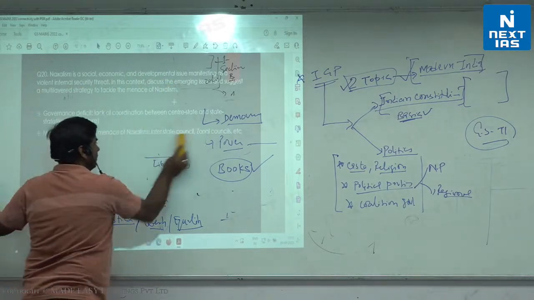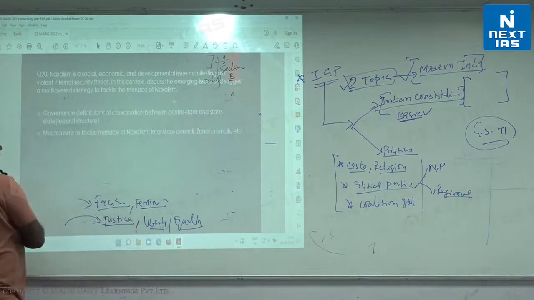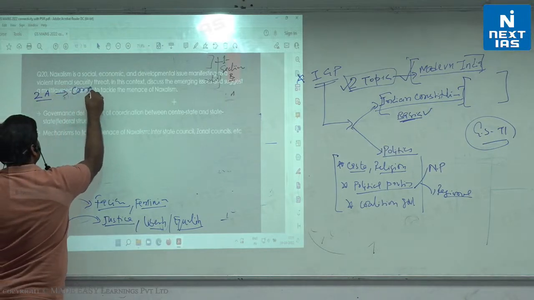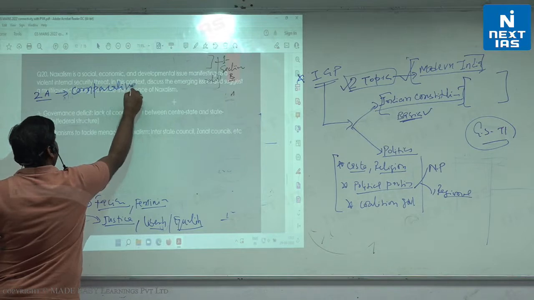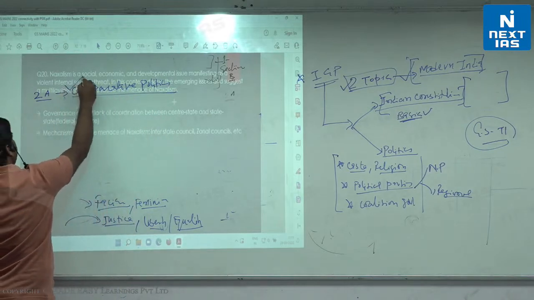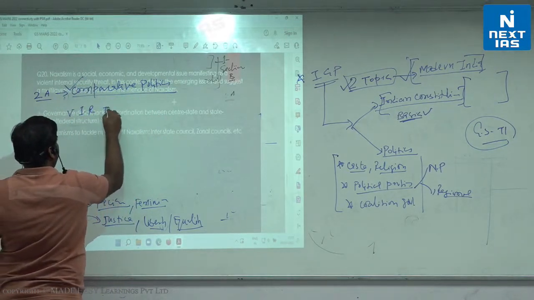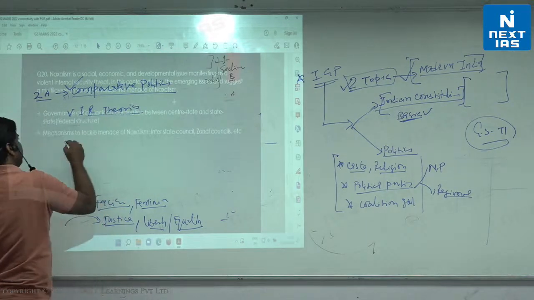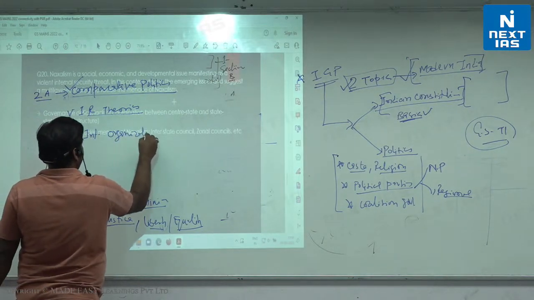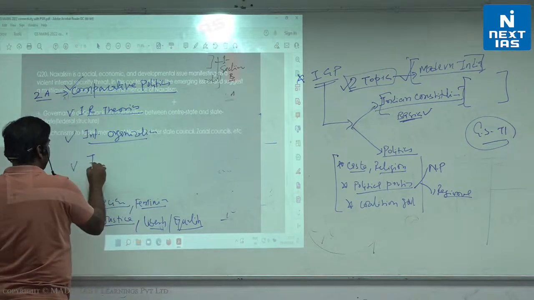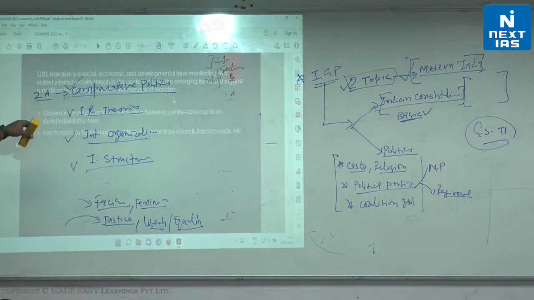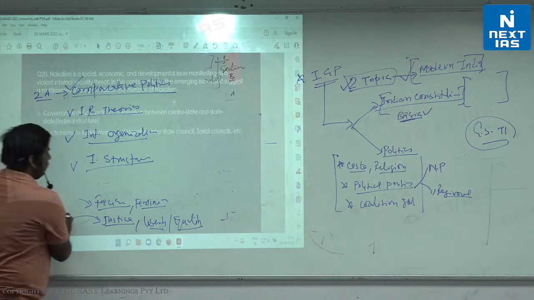This 2A part, technically we call it comparative politics. So I'm telling you that this includes comparative politics, IR theories, and international organization, as well as international structure. If we divide Paper 2, you can divide it into these 4 sections.